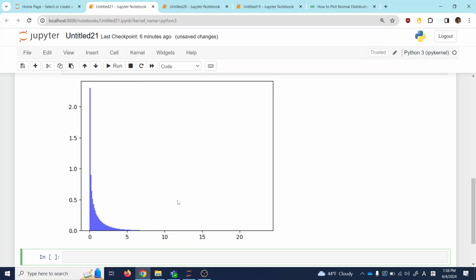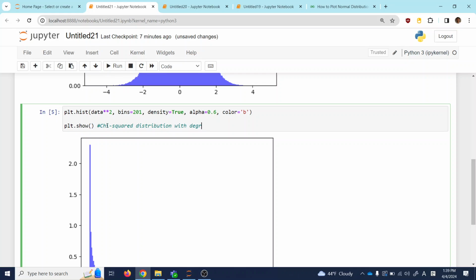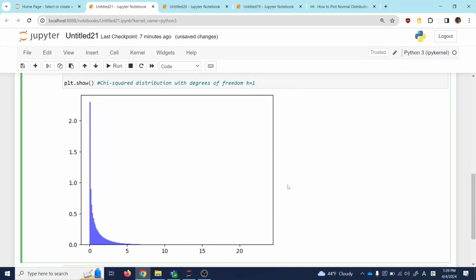This graph is what's called a chi-square distribution with degrees of freedom k equals 1. So let me just write it here. This is a chi-squared distribution with degrees of freedom k equals 1.